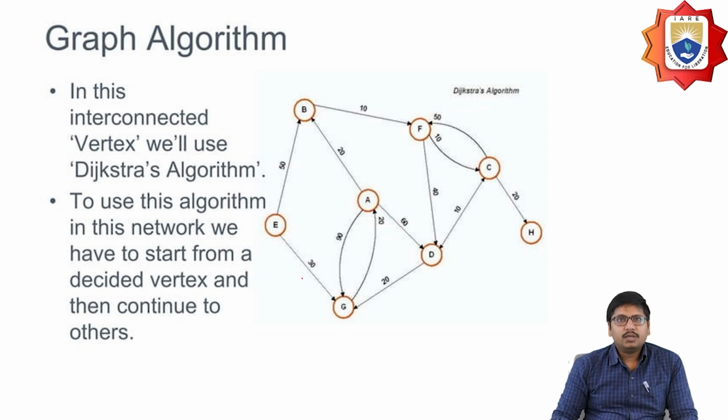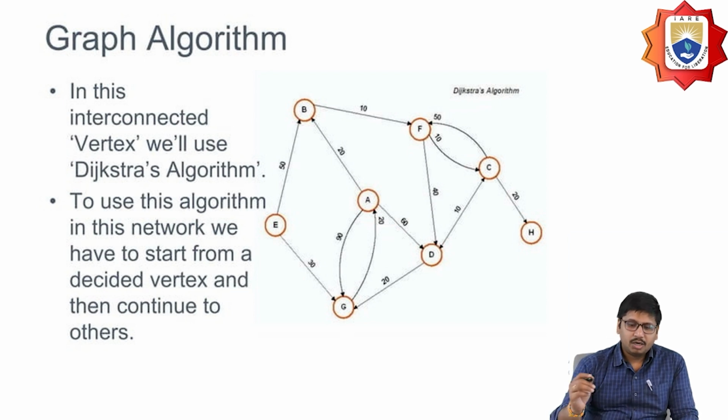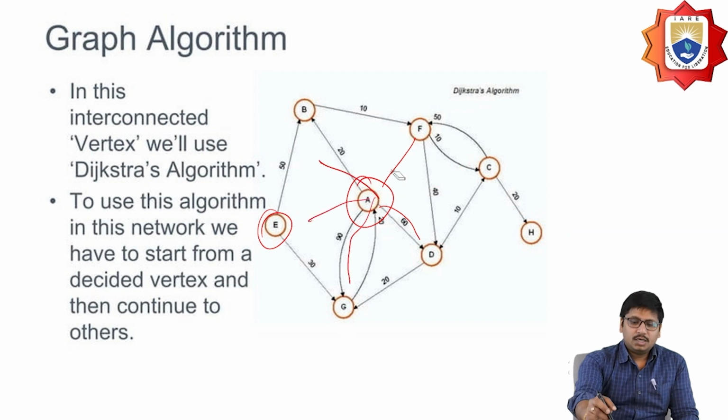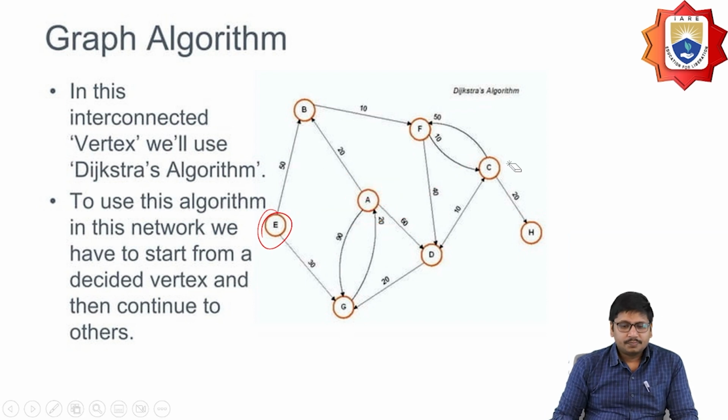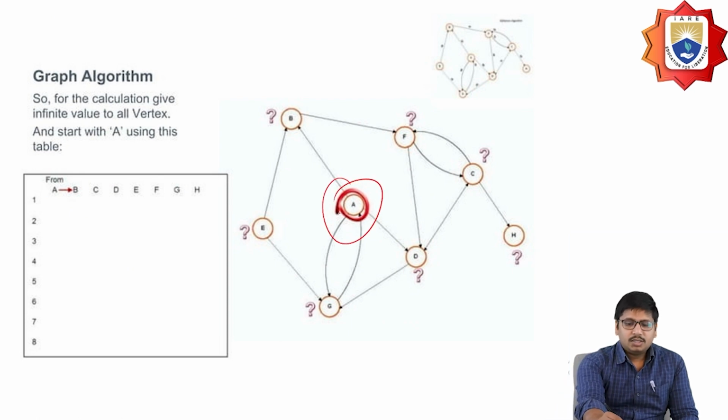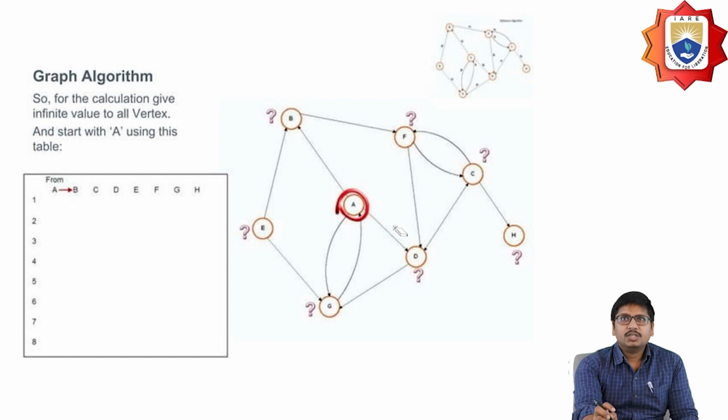To start this algorithm, we have to start from a decided vertex and then continue. Either I start from this vertex and find the shortest path to the remaining cities, or I start from here and find the shortest path to all other cities.